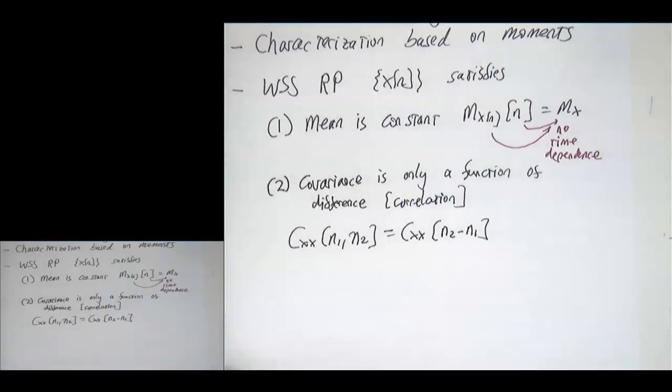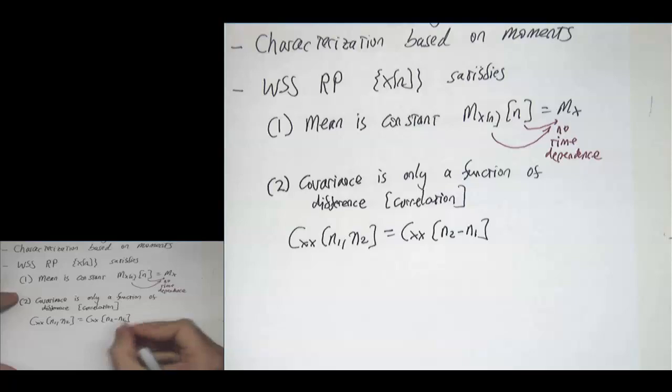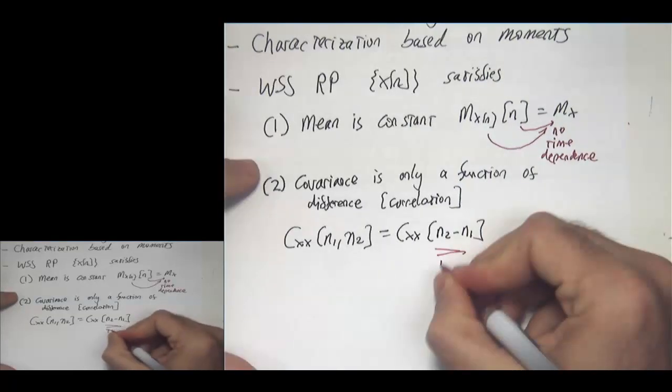This is important because, suppose you're doing an experiment, and we make a measurement now, and then we ask, are these random variables between 9 and 9:05 a.m. have the same correlation as between 10 and 10:05 a.m.? So it doesn't matter when you look. It only matters the time duration between the two. So only time difference matters.